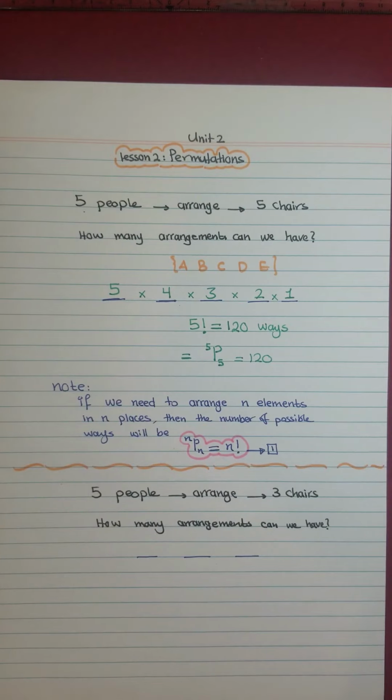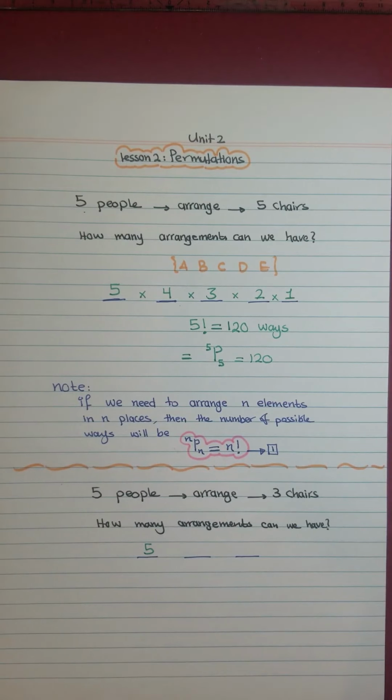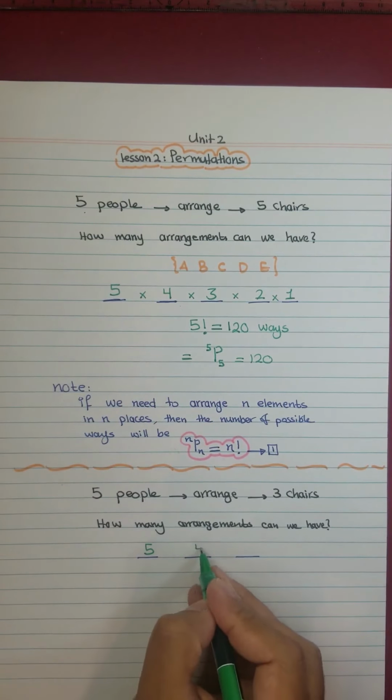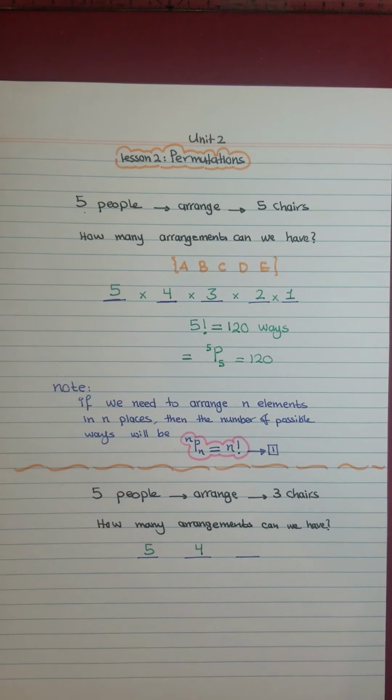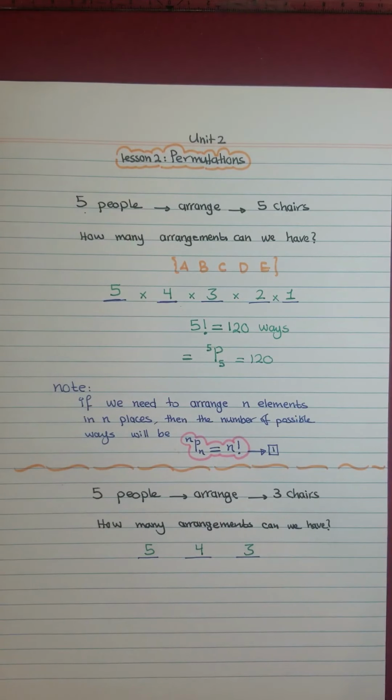Now, how many choices do we have in each? In the first one, we have 5 choices, because I can choose A or B or C or D or E. Now, someone will sit down here, so we have only 4 choices for the second place, and 3 choices for the third place, and then I have 2 more people who will not sit down.